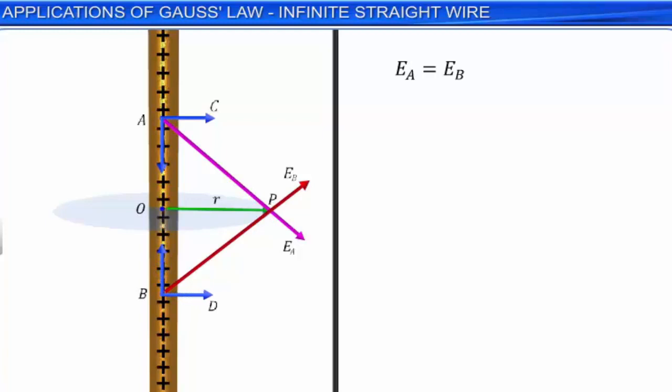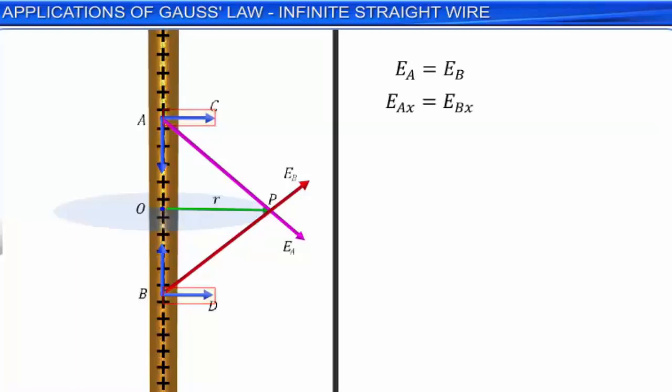As the magnitudes of EA and EB are equal and elements A and B are symmetric about O, the magnitudes of the horizontal components of the electric fields are also equal. Similarly, the magnitudes of the vertical components are also equal.